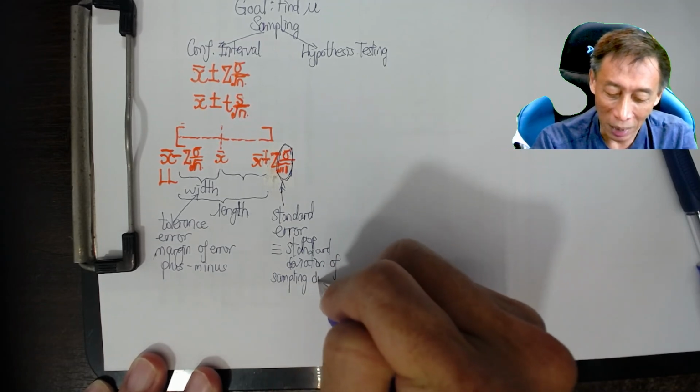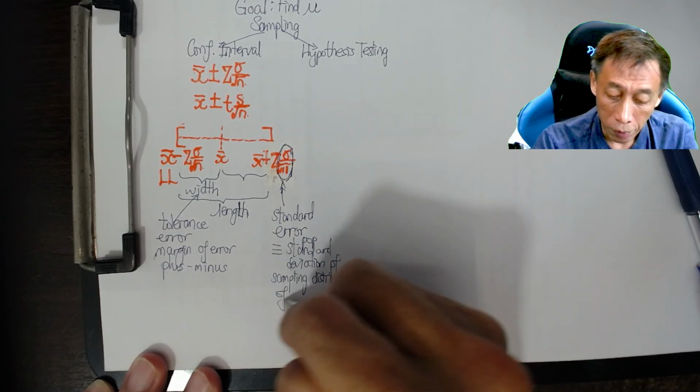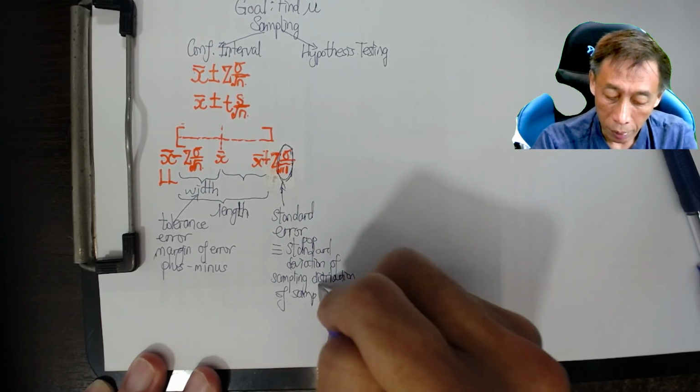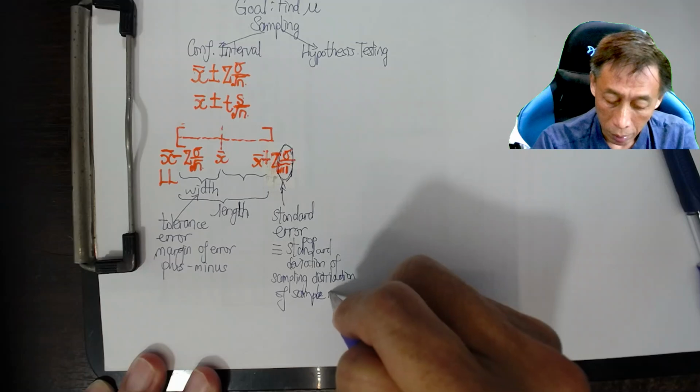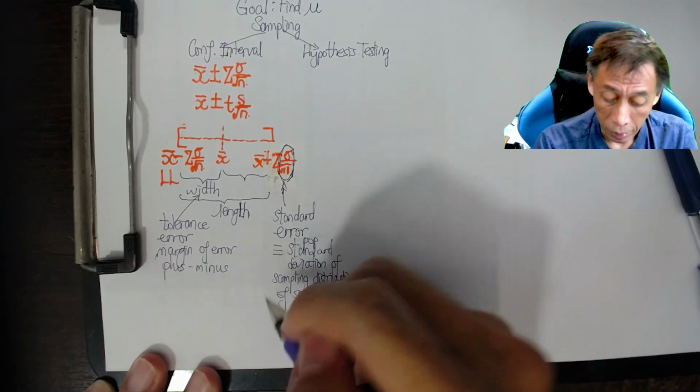Yeah? Sampling distribution of sample mean. That is X bar.